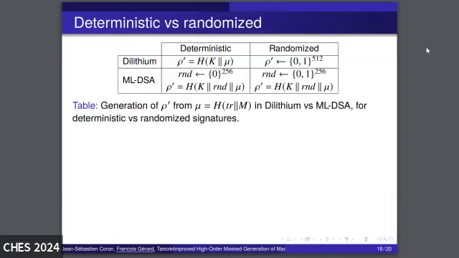And the last thing I want to talk about is that in ML-DSA, maybe one of the main differences for side channel is the deterministic versus randomized discussion. So in Dilithium, in the randomized version, you can just pick your y's at random, and it doesn't matter, you just pick things one by one. While in ML-DSA, it's kind of forced by the standard to go through the hash function.